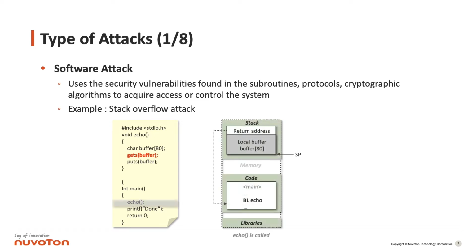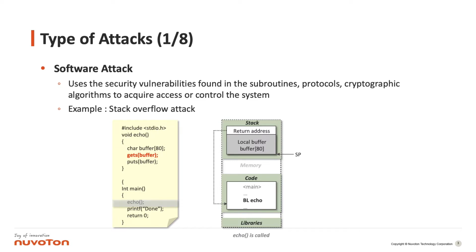When Nuvoton calls the echo subroutine, the memory distribution will be as shown in the figure, including the core region and the stack region. In the core region, the main routine jumps to the echo subroutine through the branch and link instruction. When entering the echo subroutine, an 80-byte local buffer and a return address will be set in the stack region.